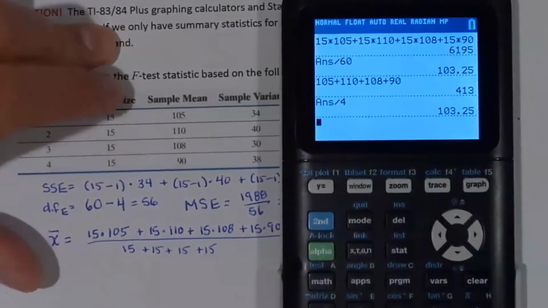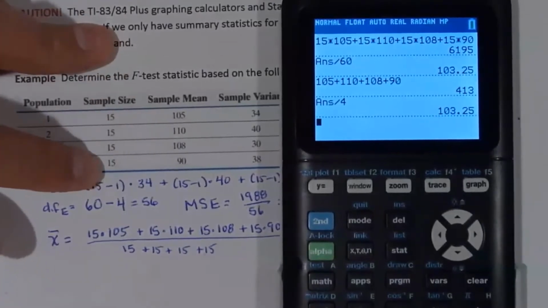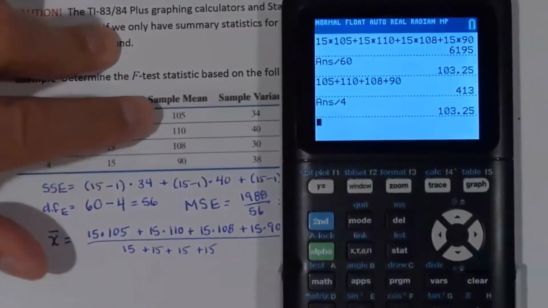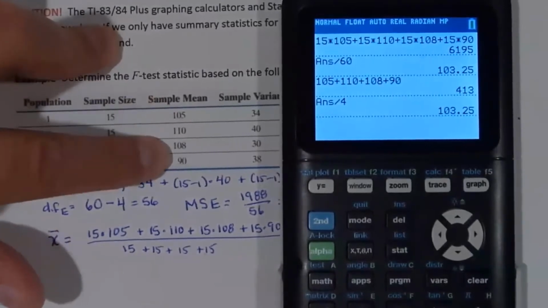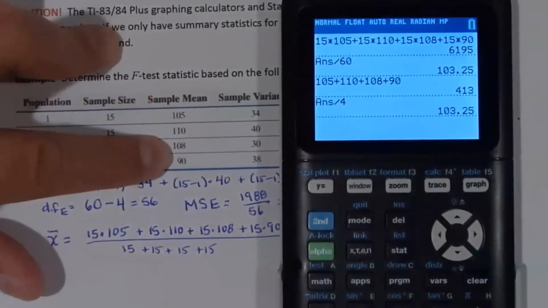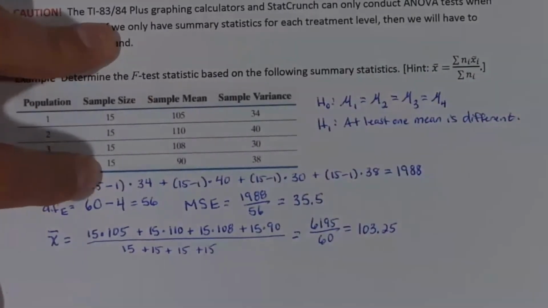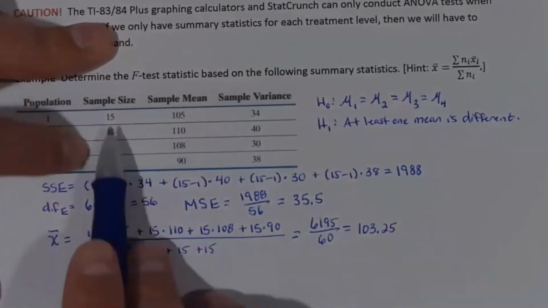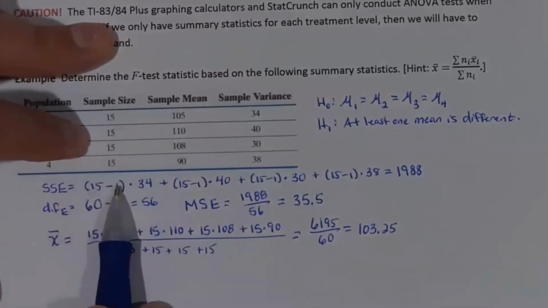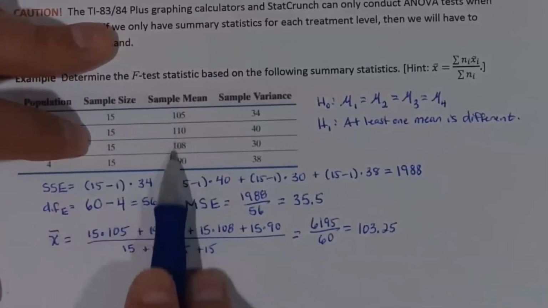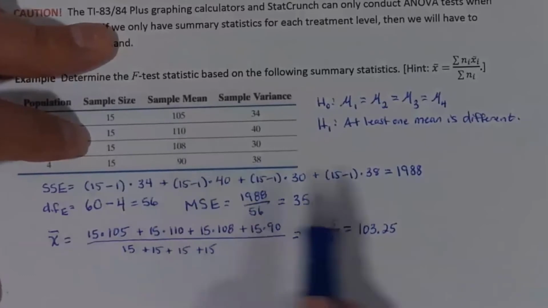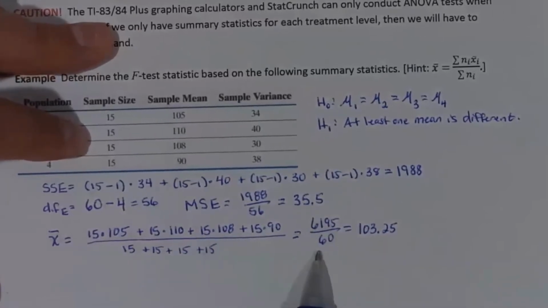So if all of the sample sizes are the same, we don't really have to do a weighted average. We could just average the 4 means in this particular case. However, if all of the sample sizes are not the same, then you can't do that. If any one of them is different, then we can't do that by just adding them up and dividing by 4. We have to do a weighted mean like this.